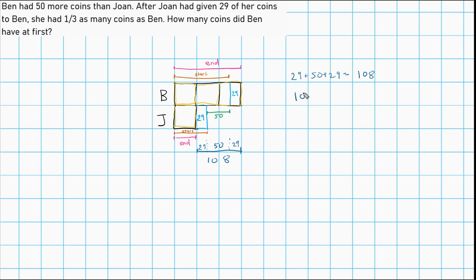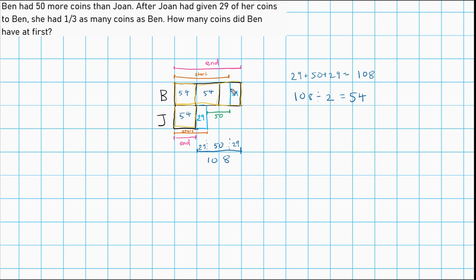And if we divide 108 by 2, we are going to get the value of each of these parts. So that has a value of 54. It represents 54 coins. I think we've got values for everything now.